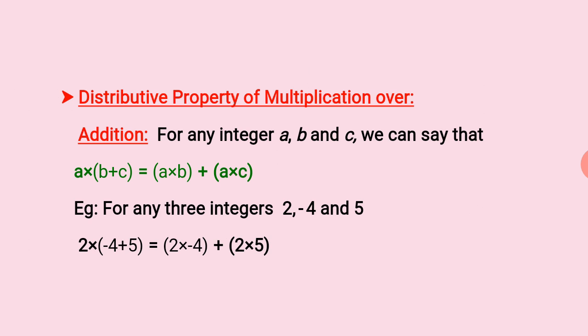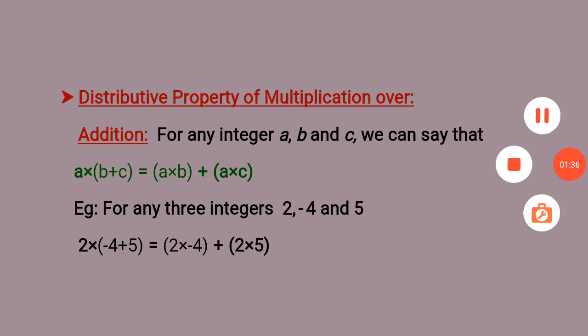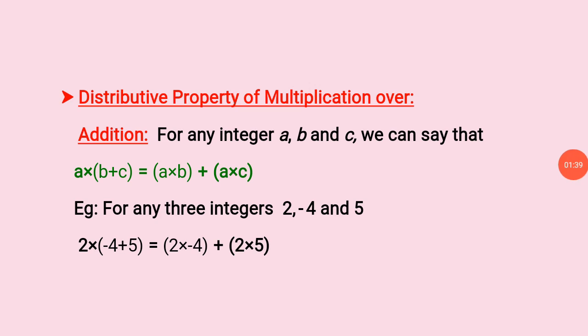Here, for any integer a, b and c, we can say that a multiplied by, in the bracket it is b plus c, equal to a multiplied by b plus a multiplied by c. Now children, what is happening here is b plus c is in bracket, a is outside it. Now this a is being multiplied by two numbers which are there inside the bracket.